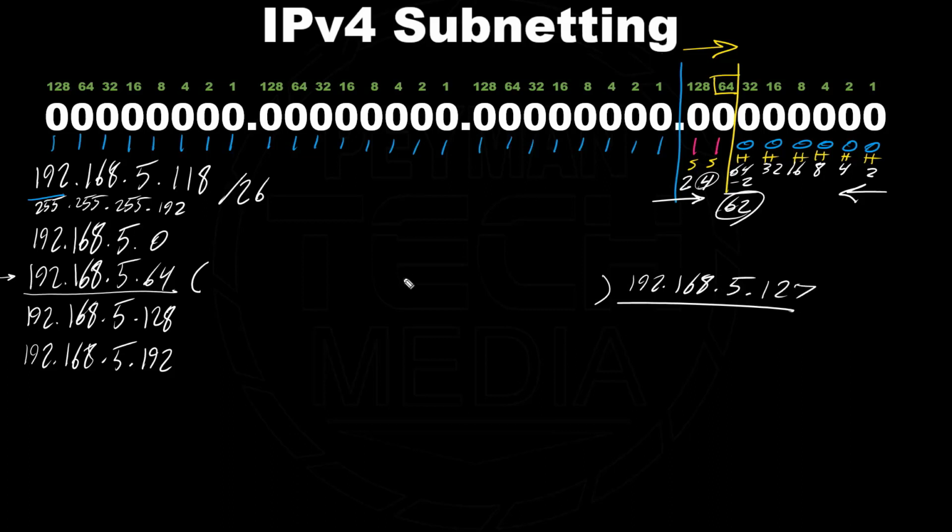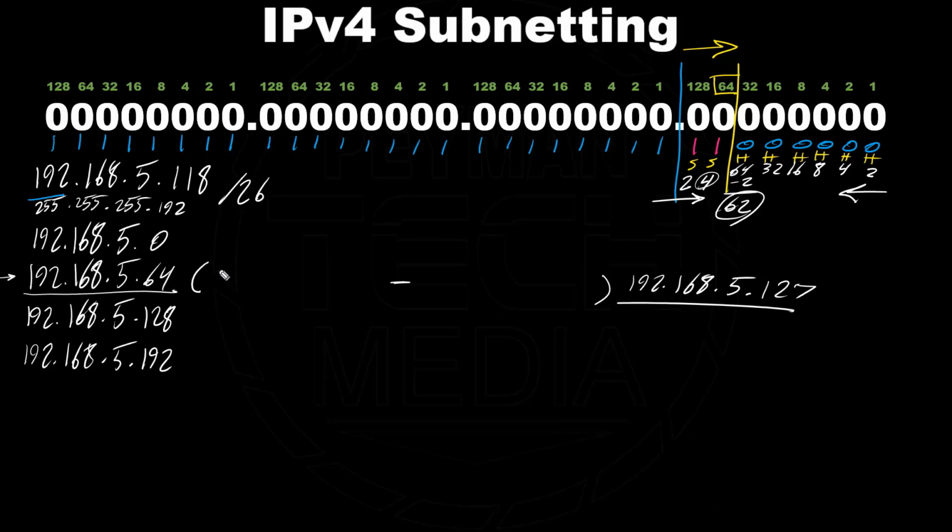192.168.5.127. And then here we have all these IP addresses in between. These are the usable IP addresses, all the available IP addresses that we can assign to the network devices on the network. So here the first usable IP address is just one IP address after this one.